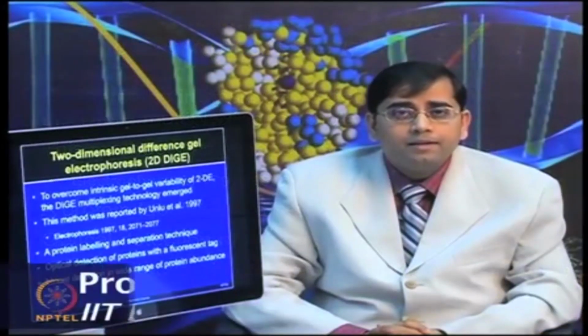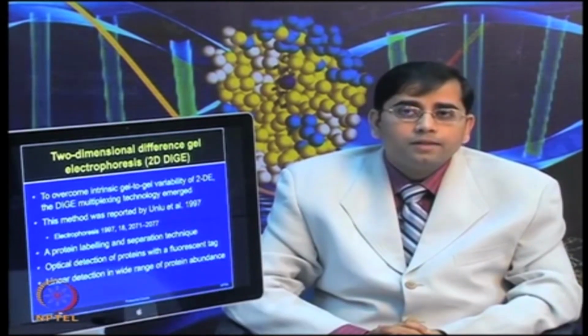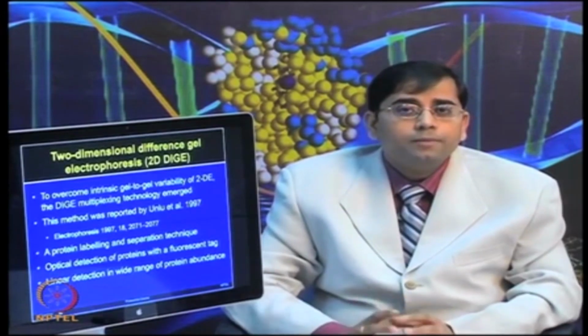So, this method involves protein labeling and separation techniques. The optical detection of the proteins is done by using fluorescent tags, and this method performs linear detection in a wide range of protein abundance.